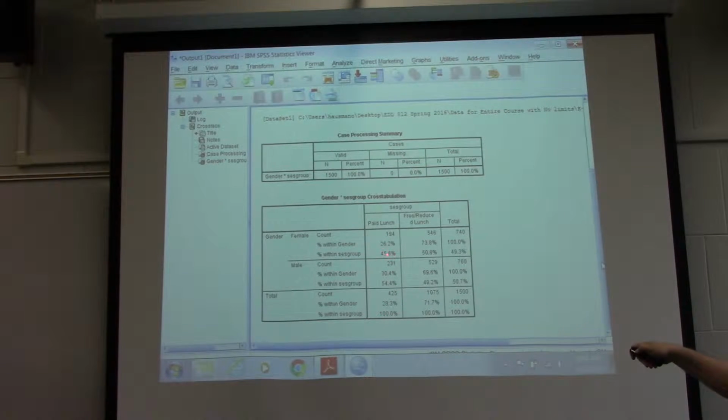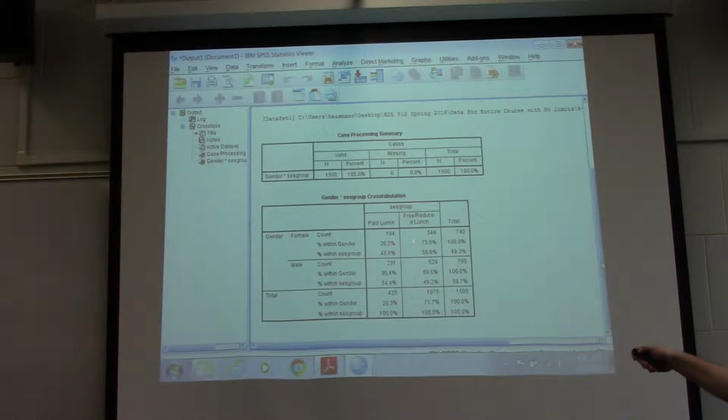So those are referred to as column percentages. 45.6 plus 54.4 equals 100. To interpret a row percentage, you start with, of all of the group in that row, in this case, of all females, what percentage qualify for paid lunch? It's 26.2%. Of all females, what percentage qualify for free reduced lunch? 73.8%.